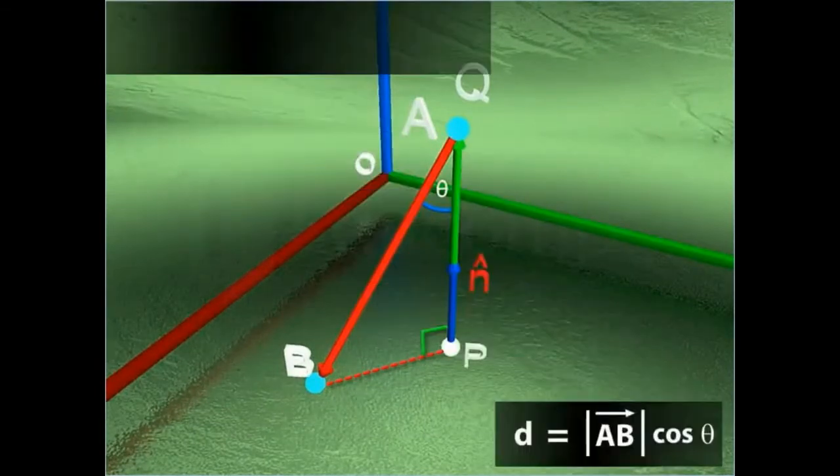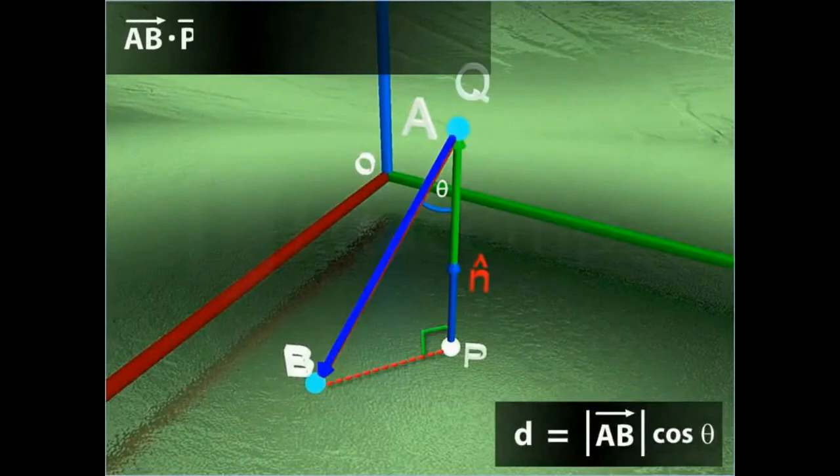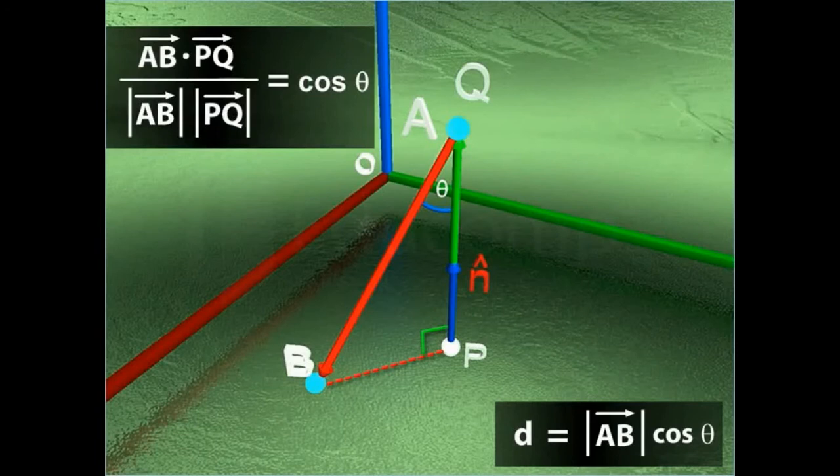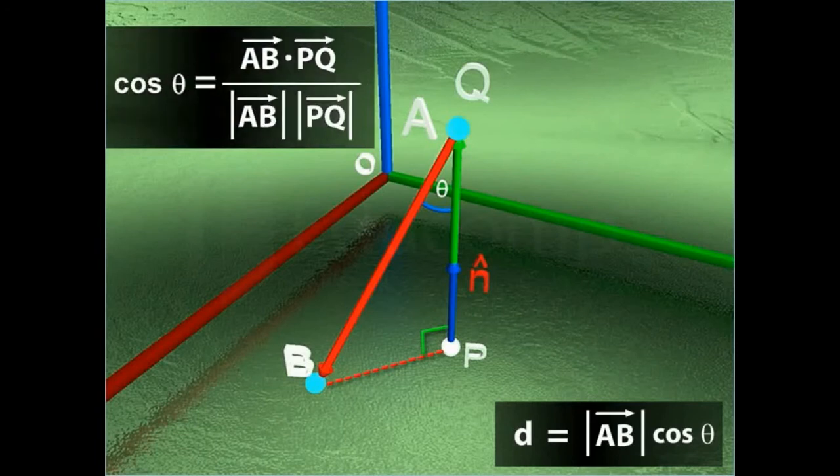Also, the dot product of vectors AB and PQ is equal to the product of their magnitudes into cos theta. This further implies that cos theta is equal to the dot product of vectors AB and PQ upon the product of their magnitudes.